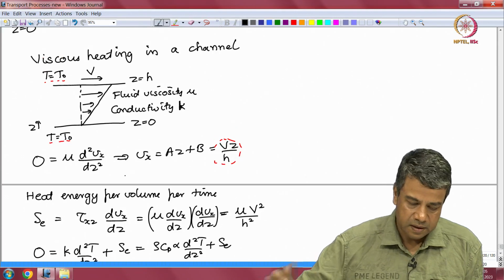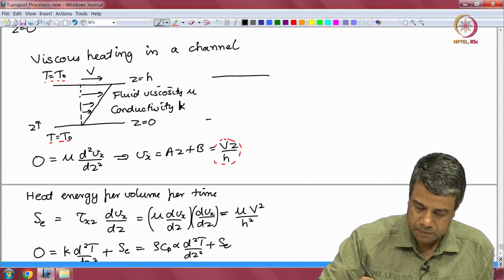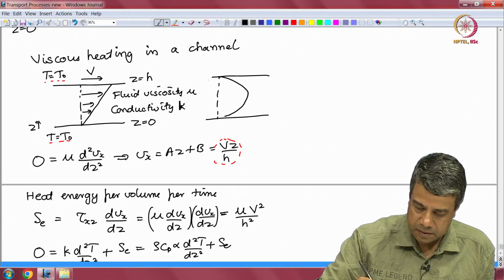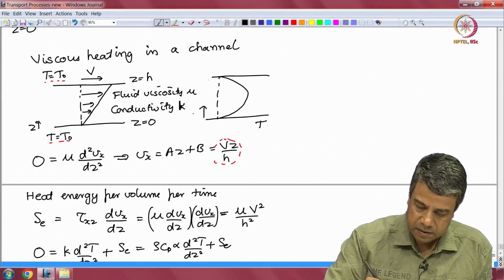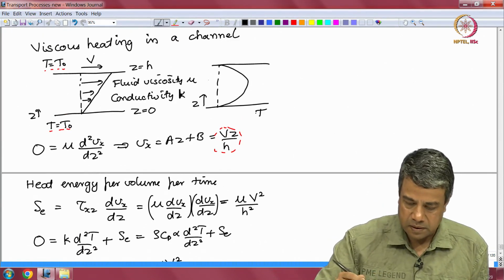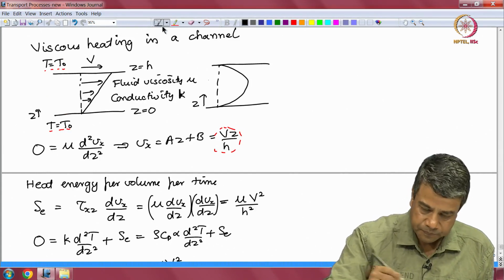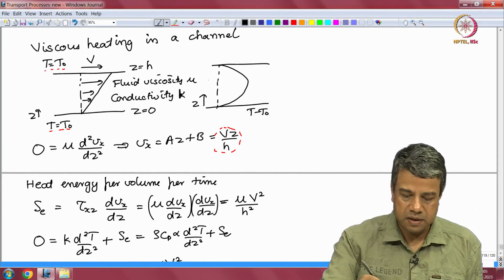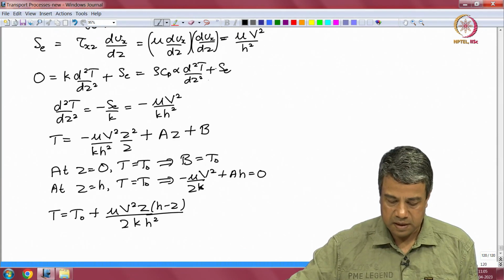If I look at the temperature across the channel, I will get a parabolic profile, T as a function of z. Let me plot T minus T naught, that is easier. If I plot T minus T naught versus z, this goes to 0 on both walls because T is equal to T naught, and at the center it has a maximum.